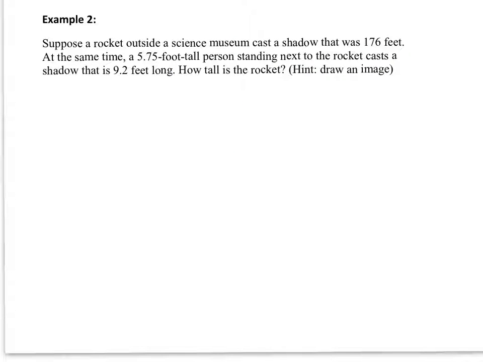In example 2, suppose a rocket outside a science museum casts a shadow that is 176 feet. At the same time, a 5.75 foot tall person standing next to the rocket casts a shadow that is 9.2 feet long. How tall is the rocket? Draw an image to help you find your solution.